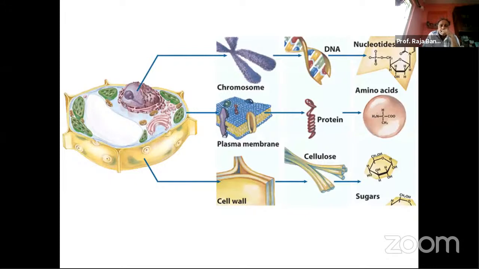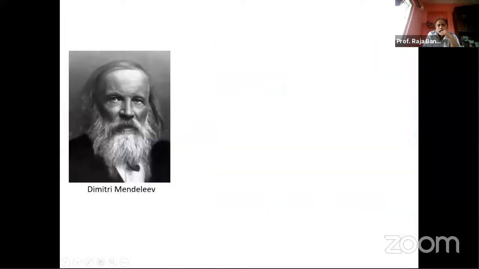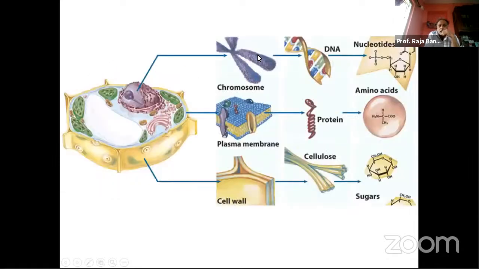Based on the function of the cell, if we divide its structure, just like a building where the bricks are the unit, similarly in the cell we find the DNA chromosome.